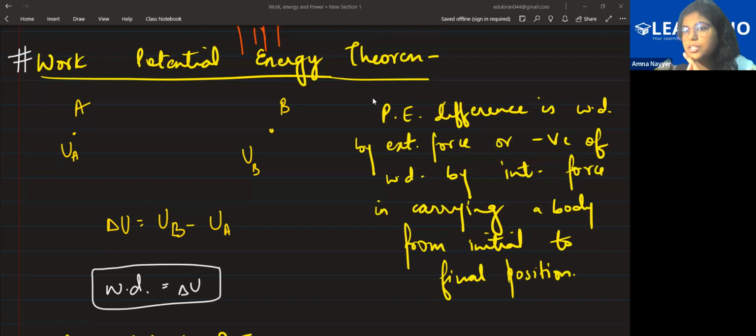But mgh is not necessarily the particular formula of potential energy. Potential energy means the work done. So you calculate the work done by any method, and that will be the potential energy. It's just that you need to understand which two points are giving you that particular potential energy.